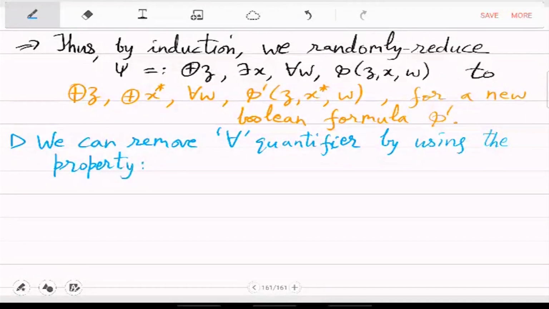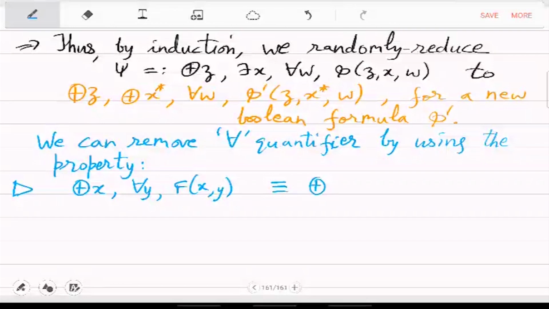The property is: parity X for all Y f(x,y) is equivalent to just negating the inner part, so it becomes there exists Y, negation of f(x,y). Okay, this is the negation part.